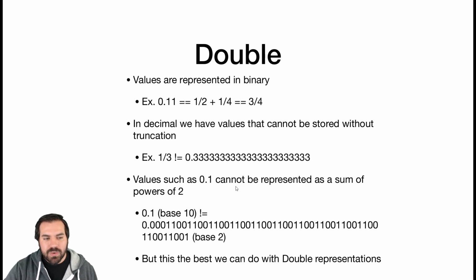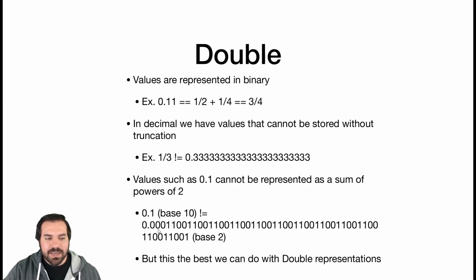The same thing is true in base 2. If we have the number 0.1 in base 10, this is nice, clean, 1/10. We can store that in base 10, no problem at all. And I hope all of you are familiar with 0.1, that's 1/10 of a whole number. But we can't represent this in base 2. So 0.1 in base 10, or 1/10, is not equal to what this value is.